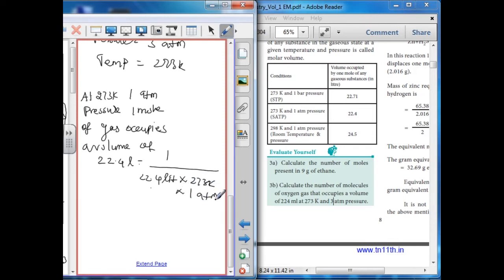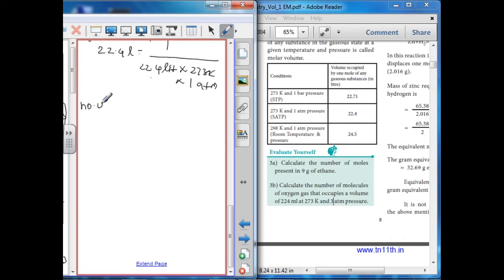This is 1 atmospheric pressure, 273 Kelvin, 1 mole of gas occupies a volume of 22.4 liter, equal to 1 divided by 22.4 liter multiplied by 273 Kelvin multiplied by 1 atmosphere.